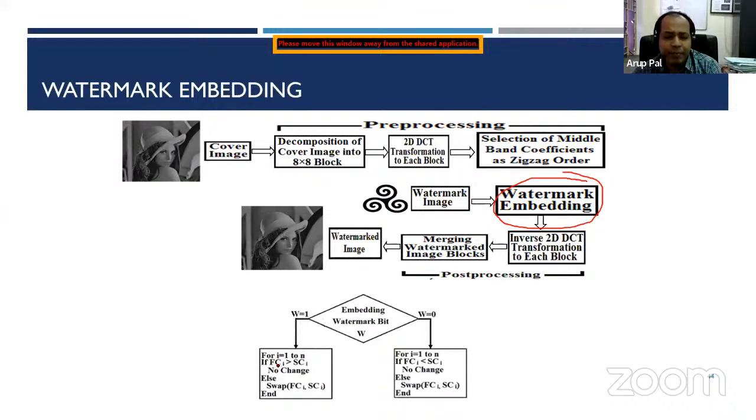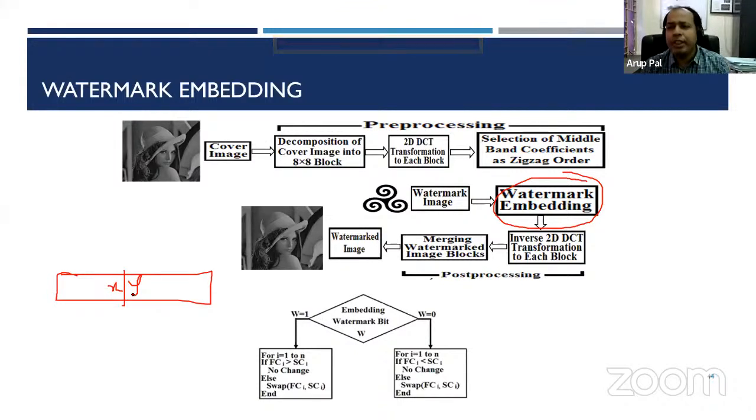Now, what is the algorithm? In this process, we take the middle band coefficients. Suppose this is the coefficient X and this is the coefficient Y. These coefficients are so correlated that if you modify them, it will cause little effect on your original content.